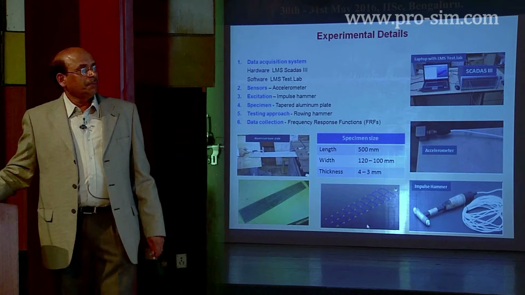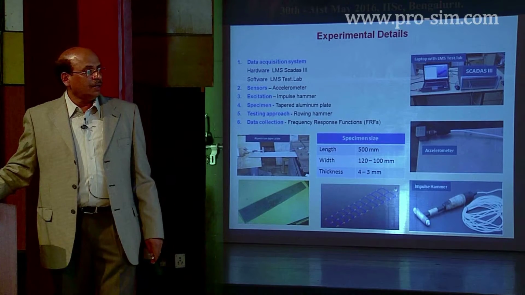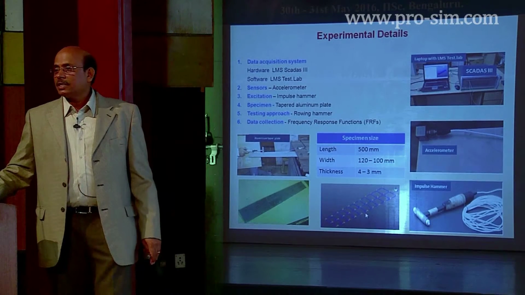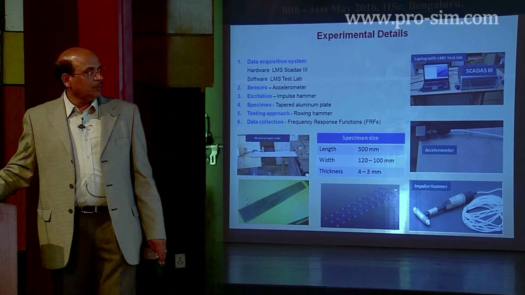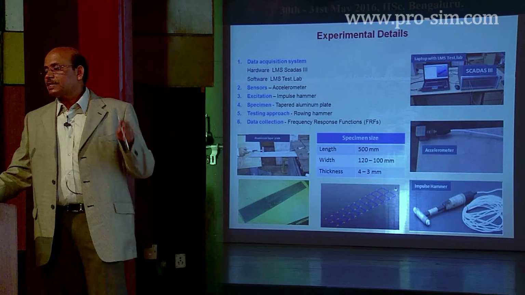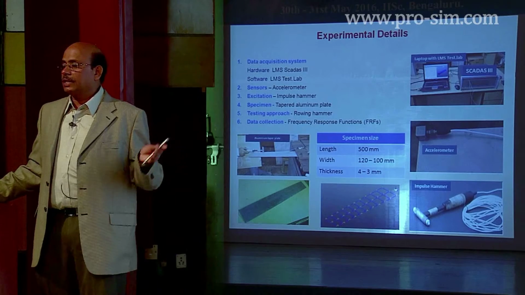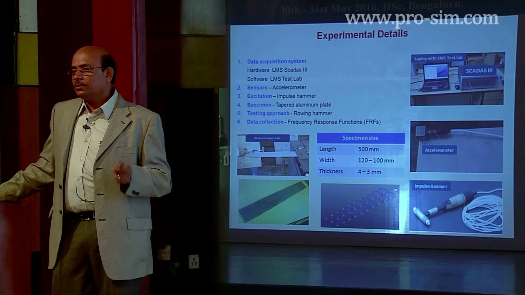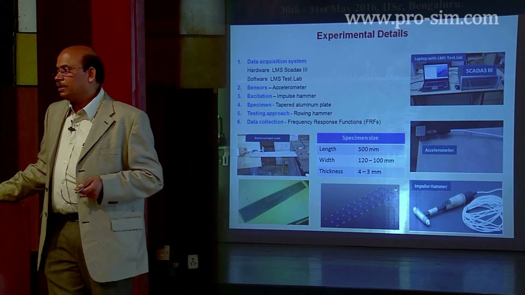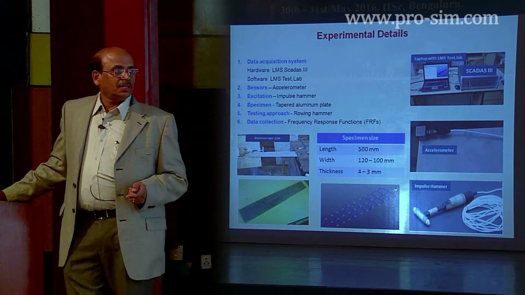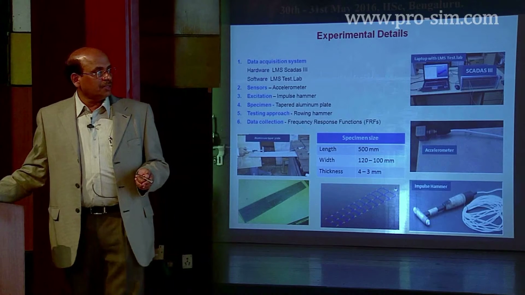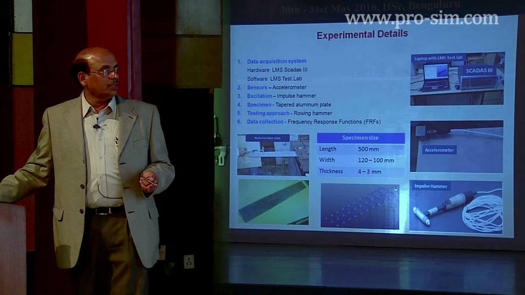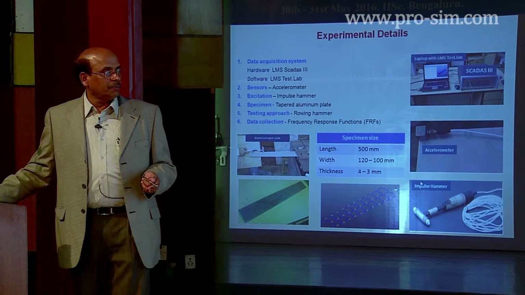Here is a simple example. This is a simple plate representing a kind of wing problem. In order to establish the method, some of these tests were done in the lab. Actually, we started doing this on an experimental basis to develop the basic capabilities. We have the impulse hammer, we do all the vibration tests on that, and we capture the vibration characteristics.